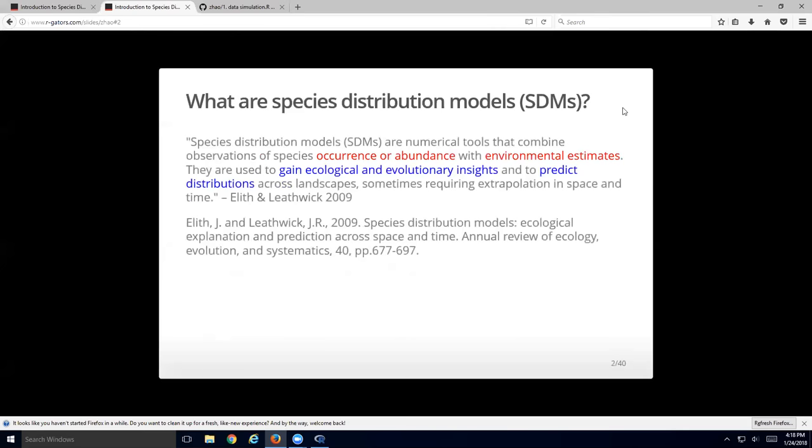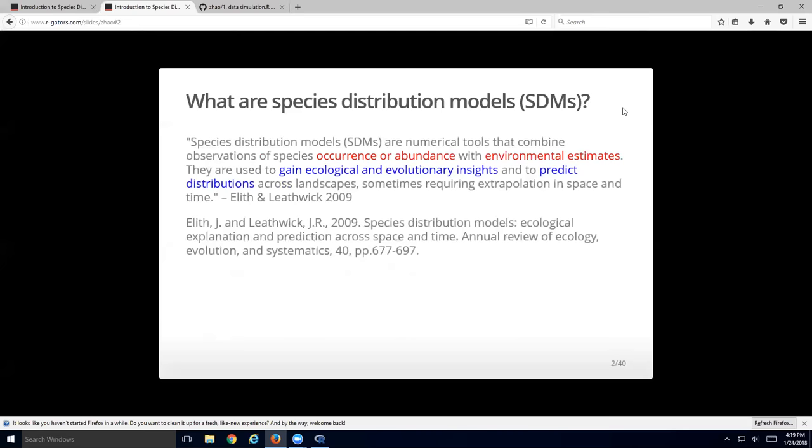When we link the species distribution with environmental data, first we gain understanding about the relationship between species distribution and environment.